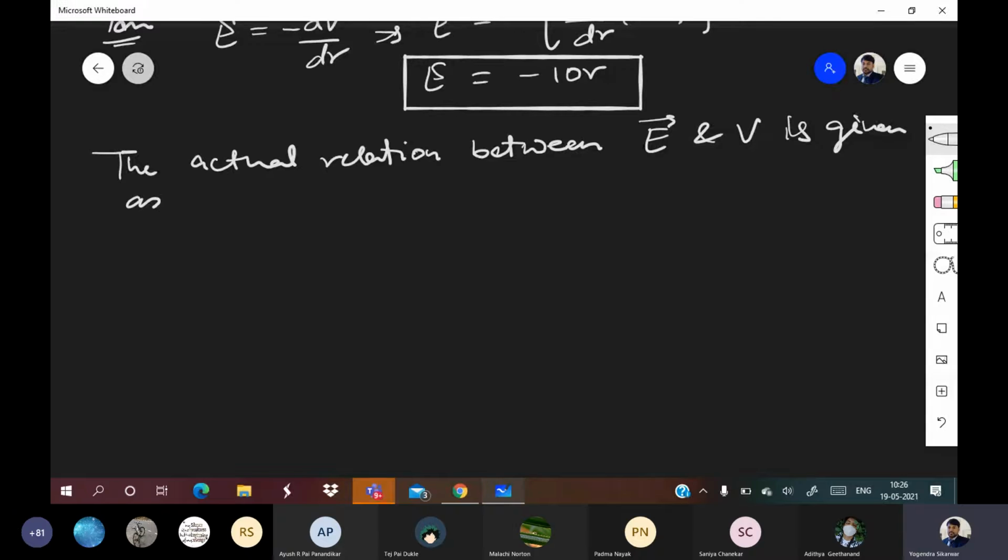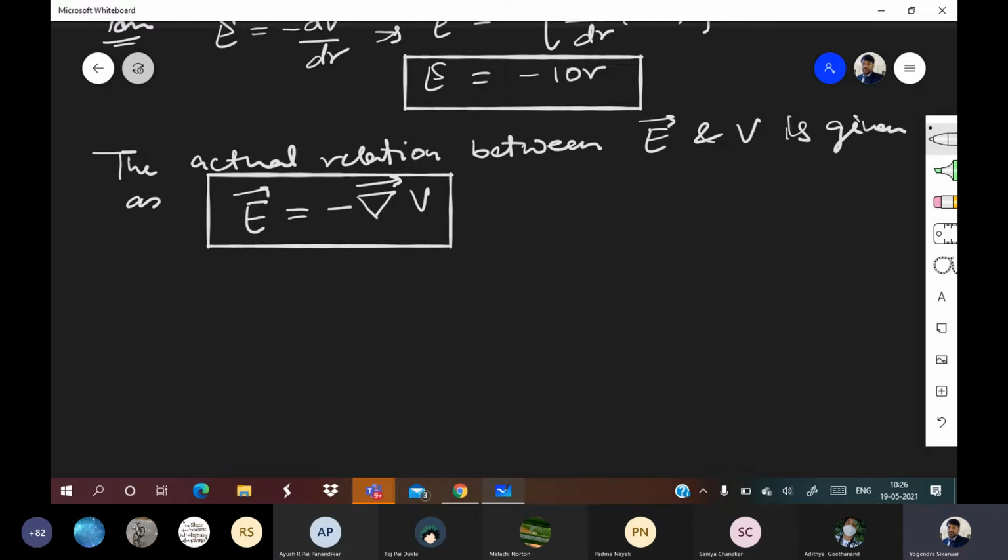So what is the actual relation? E vector is equal to minus del V. This is the relation. What you can see here is a triangle shape, an inverted delta.